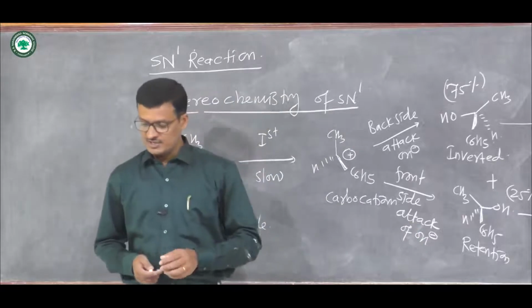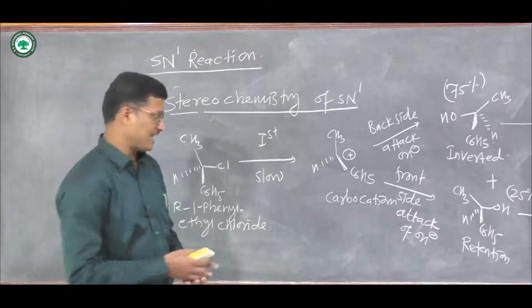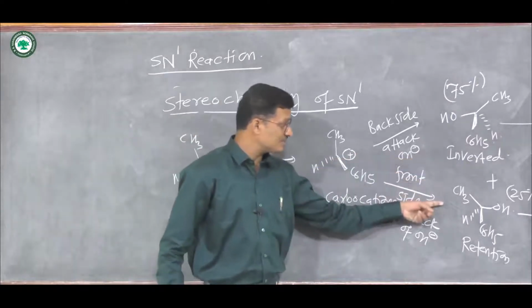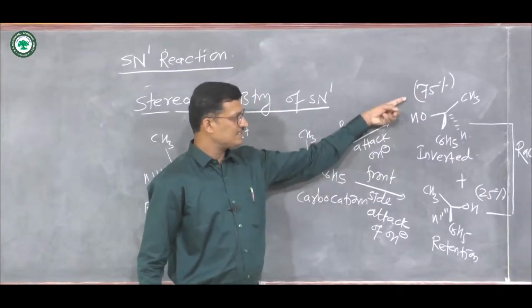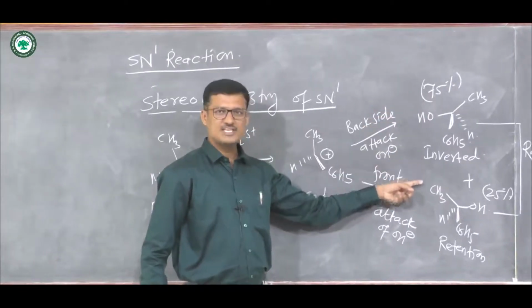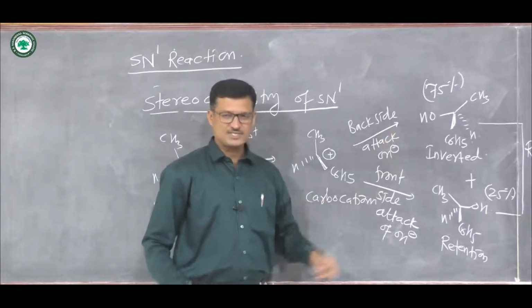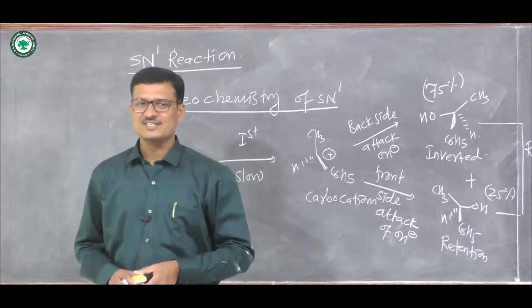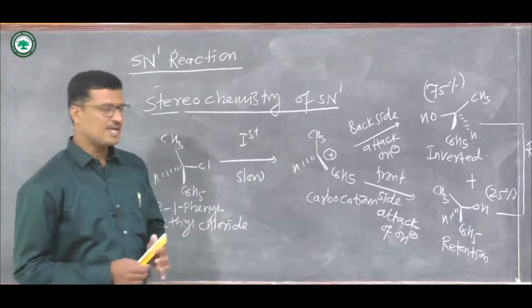There are two factors responsible for that. In SN1, 100% racemization is not there; a higher percent of inverted product is there. These two factors affect the higher percentage of inversion in SN1.